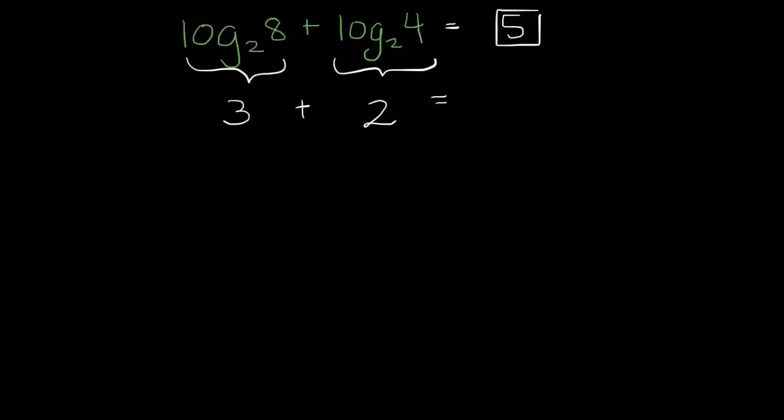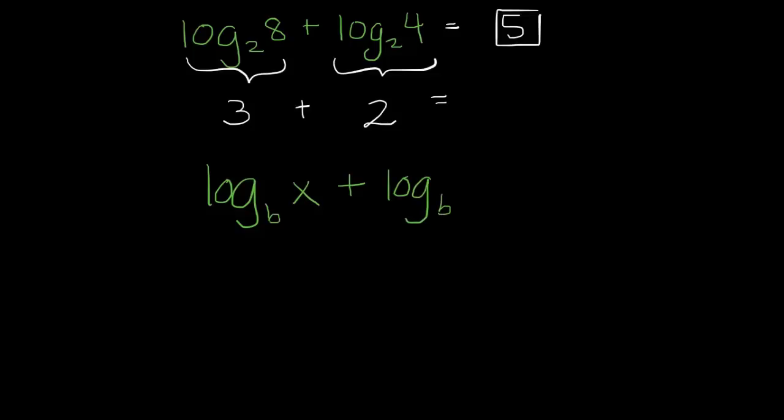Our first property is if we have two logs and we're adding them together, as long as they have the same base, so I'm going to put a B for the base, and let's say that up here we had something like X, and we're going to add another log with the same base.